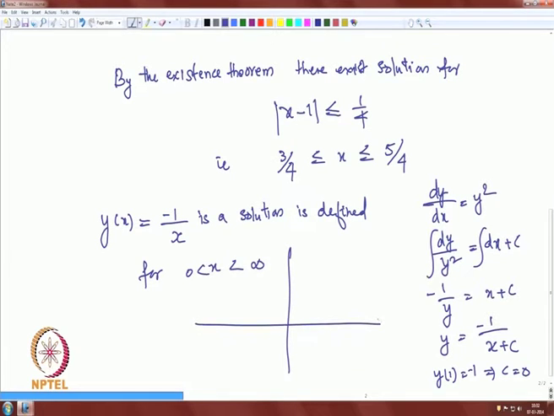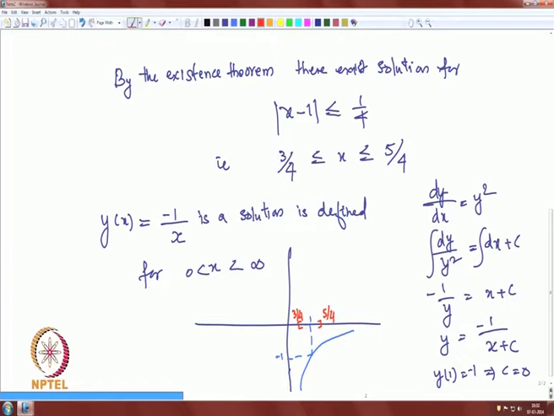If we look at the graph of it, the given point is 1 and this is minus 1, and the interval in which we got the solution is only this one, 3 by 4 to 5 by 4.